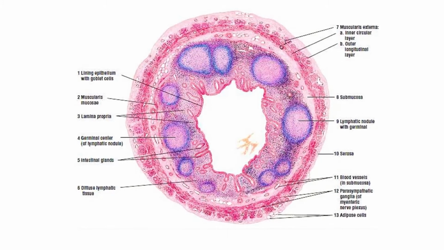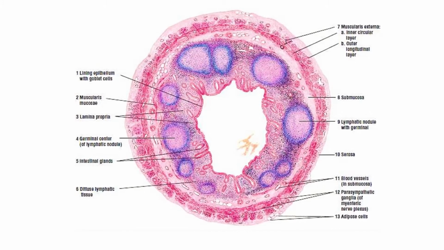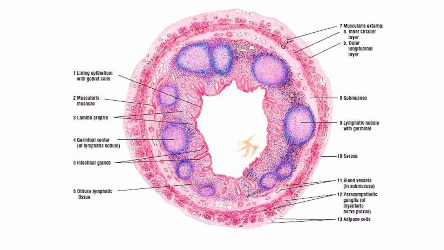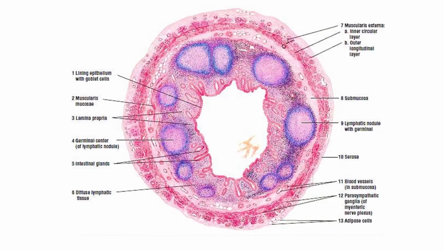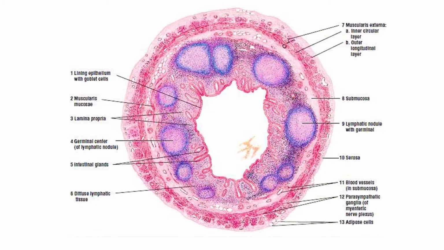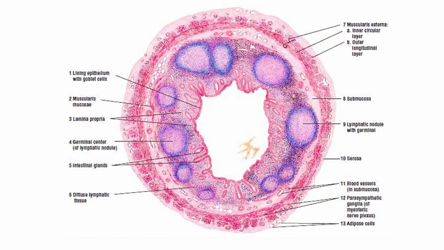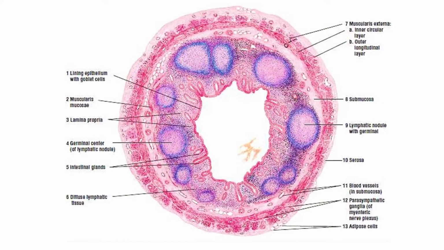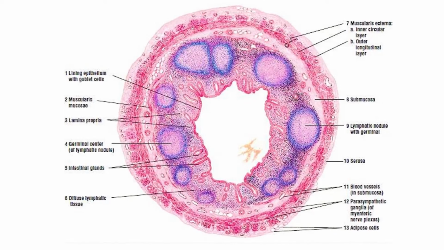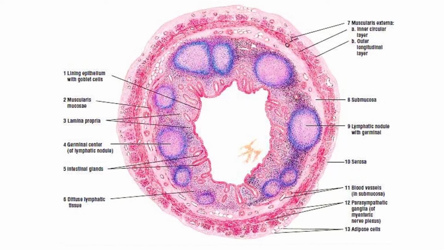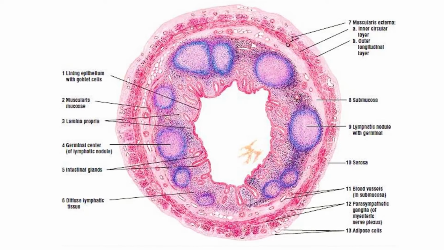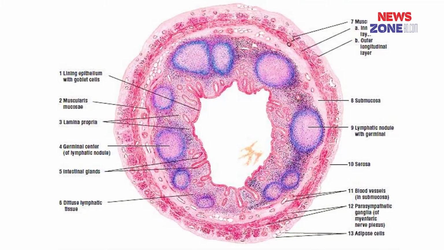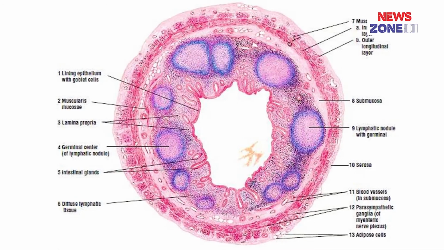It is arranged in 4 layers from outside to inward: serosa, muscular coat, submucosa and mucosa, and a complete ring of lymphatic nodules in the lamina propria, disrupting the muscularis mucosa, extends up to the submucosa. Then the lining epithelium is simple columnar epithelium like the large intestine lining, and goblet cells are present within this, and intestinal glands are present also. Then the muscular coat is arranged as an outer longitudinal and inner circular layer.